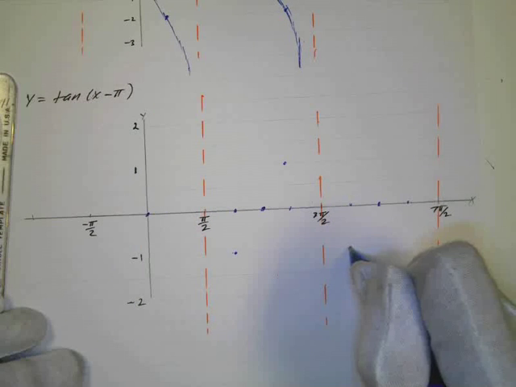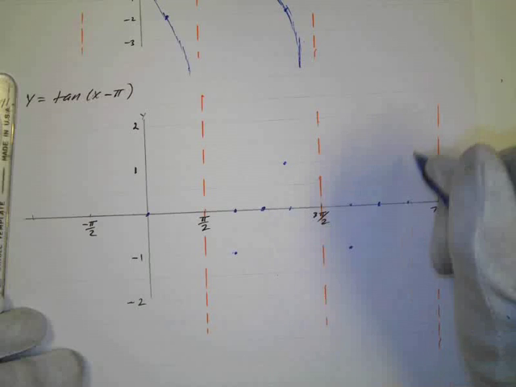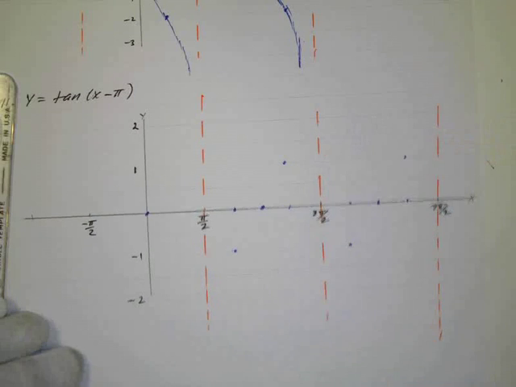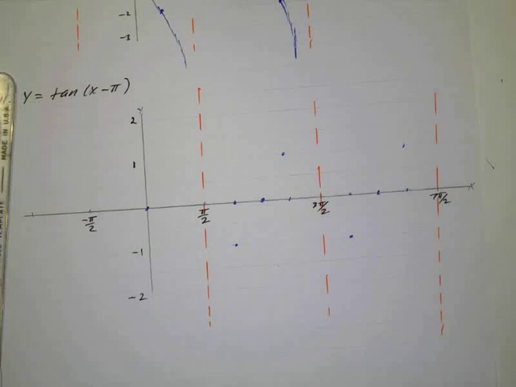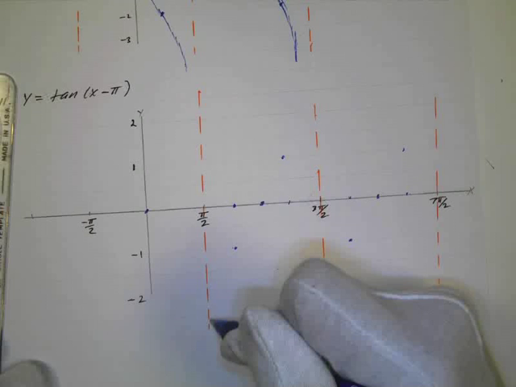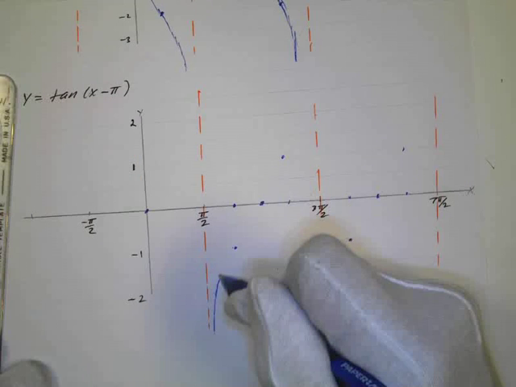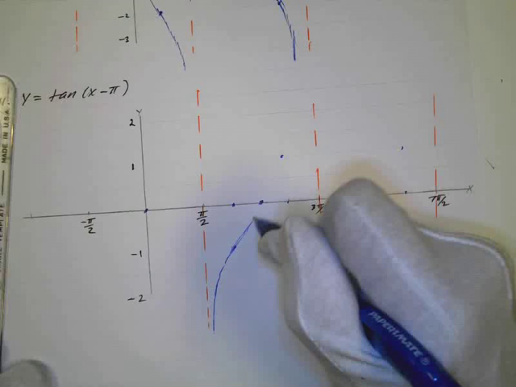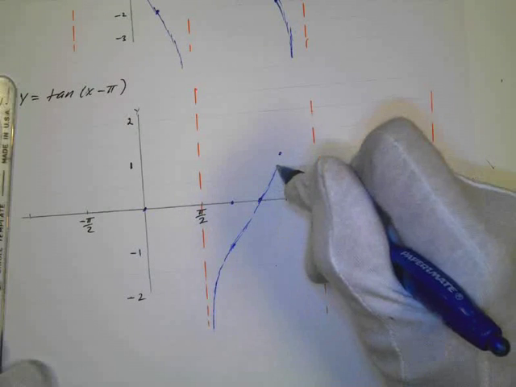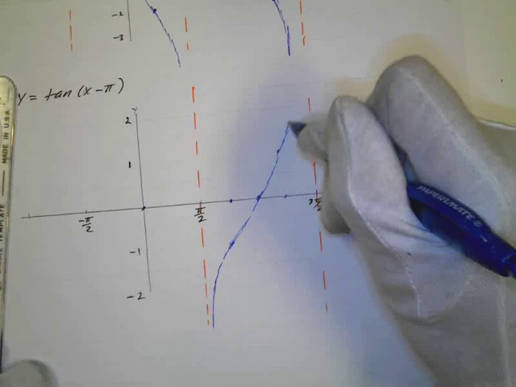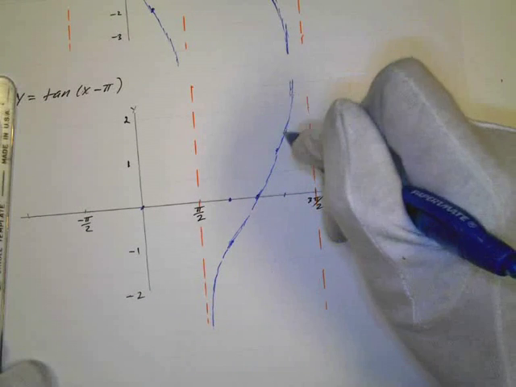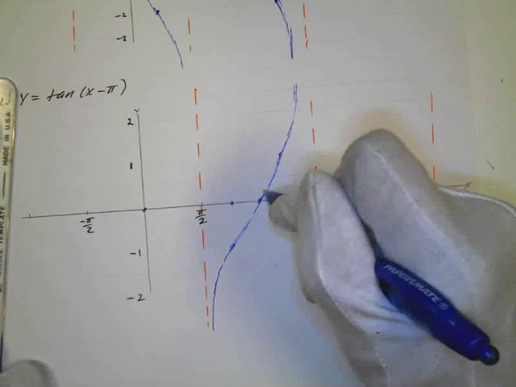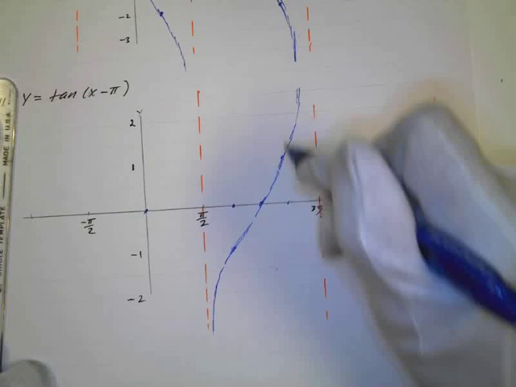And again, this is the negative side, so this would be negative 1, and this is the positive side of my 0, so that would be positive 1, if you want to think of it like that. And here's your sine curve. I'm sorry, tangent curve. What am I saying? Okay, something like that.